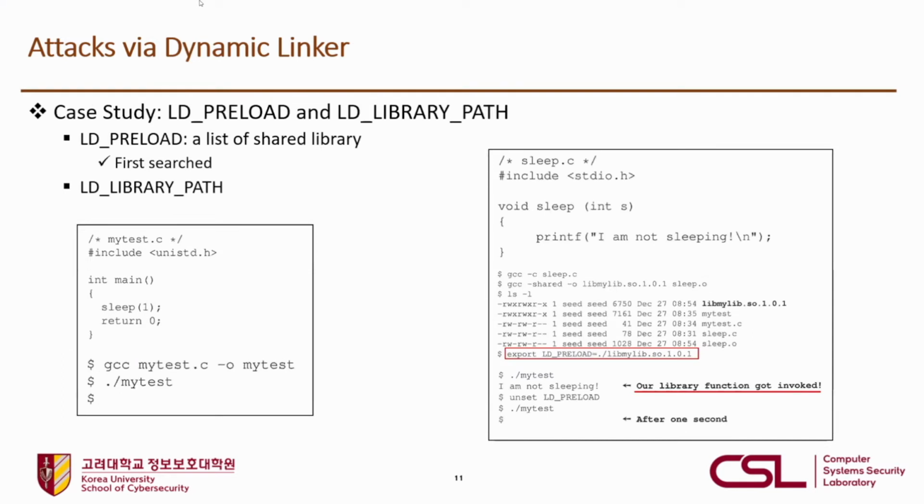Okay, let's proceed with an example of an attack using the dynamic linker method. You can see the code where a function called sleep is used in the mytest.c code in the picture on the left. The existing sleep function simply does not output anything, and the program ends after resting for 1 second.